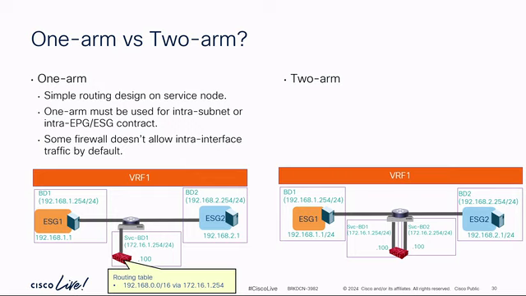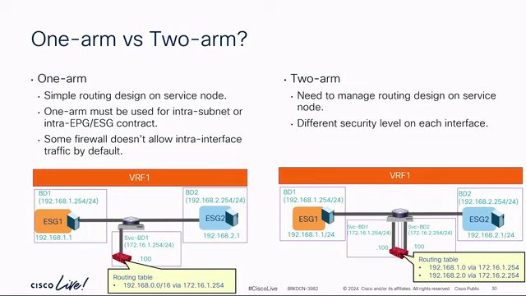That said, your security counterpart might not like it, because in case of ASA, we use interface as a security level definition. Then 2 arm might be better, but you still need to manage routing tables accordingly. But you can set a different security level based on interface.